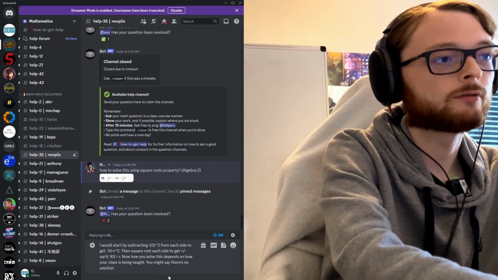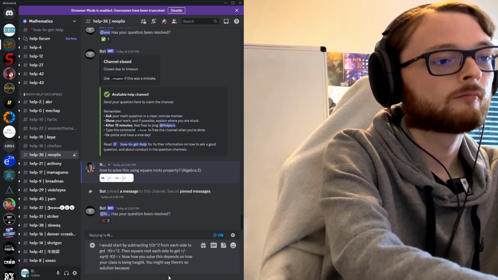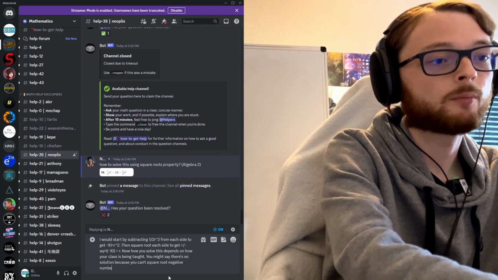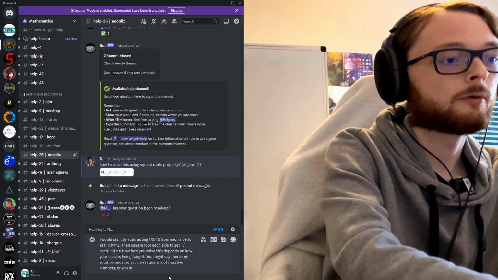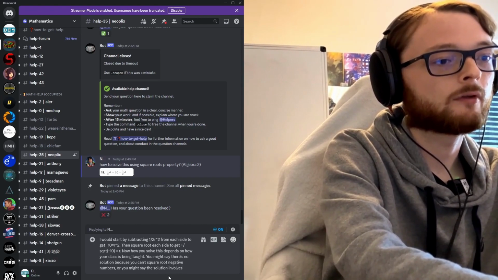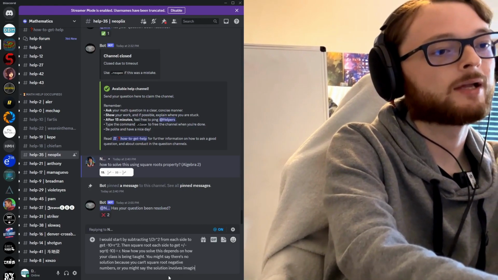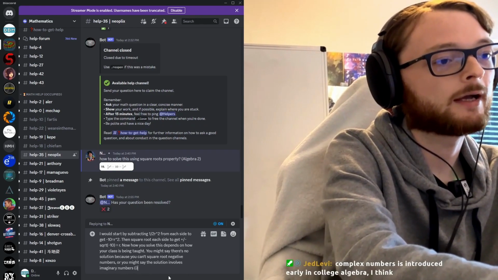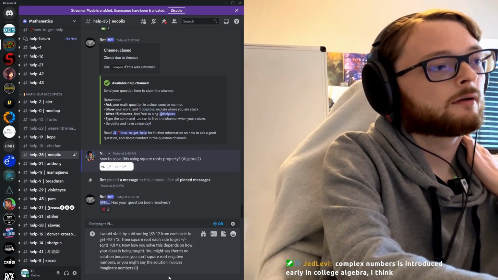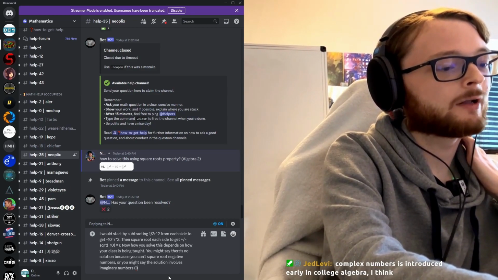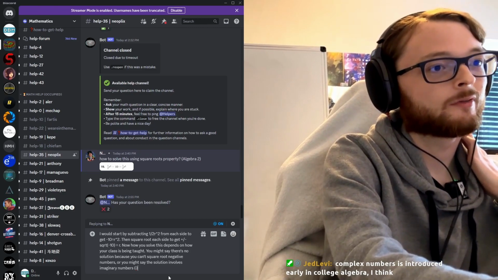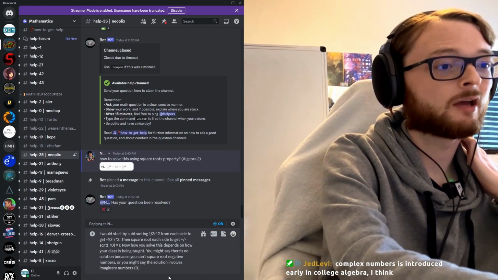There's no solution because you can't square root negative numbers, or you might say the solution involves imaginary numbers. I learned about them in high school in the context of the roots of parabolas, and that's basically what this is. So the fact that they're saying algebra 2 means it could kind of go either way in my mind.